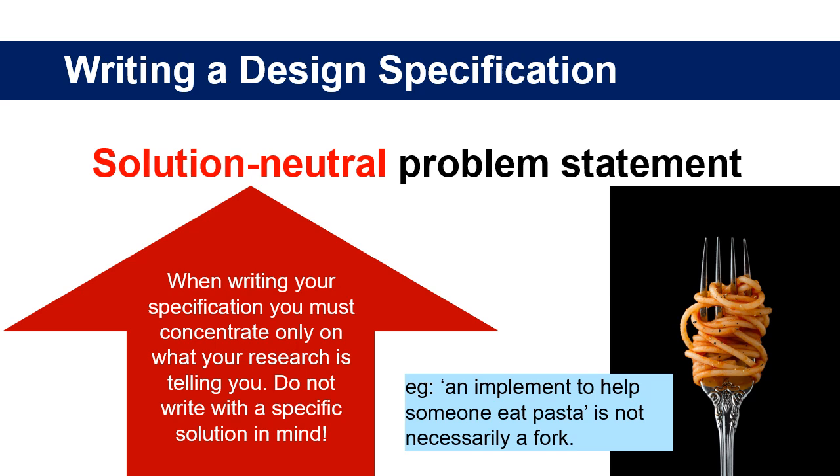The example I've given is that if your brief is to create an implement to help someone eat pasta, then you mustn't assume that the solution is necessarily going to be a fork. There are all sorts of implements that might help somebody eat pasta that don't result in a fork. So it allows you to have a very open way of ideating, and you can come up with solutions that perhaps nobody else has come up with.